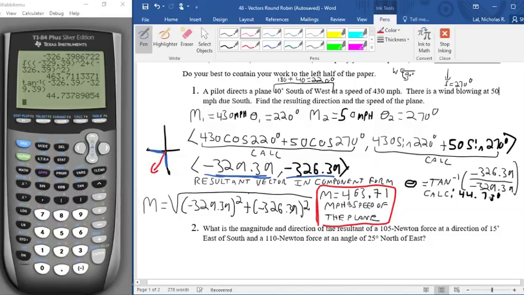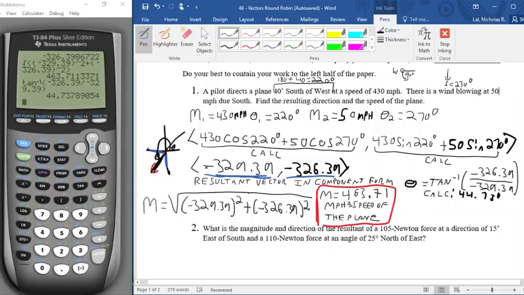Hopefully you know that 44.73 is in quadrant 1. So even though 44.73 is a reference angle, our actual angle is going to be this angle right here in quadrant 3.